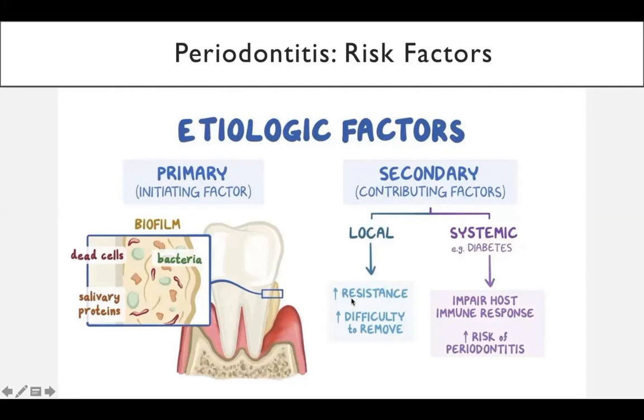And what are local factors? Sometimes, for example, you have to give antibiotics, but the person has abused a lot of antibiotics in the past, so the antibiotic is not working because the bacteria are resistant and not sensitive. So there is increased resistance, and difficulty of removal if plaque or tartar has developed a lot on the surface. These are the secondary local contributing factors and risk factors for periodontitis.